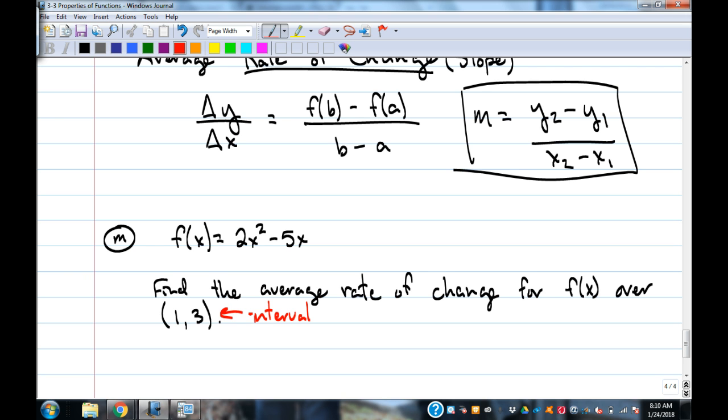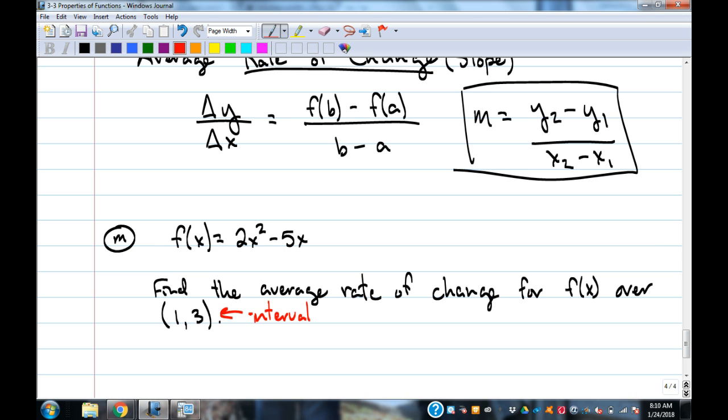Okay, you wouldn't find the average rate of change for the entire domain, unless the domain had two distinct stopping points on it. But they're going to give you an interval, just like finding local maximum or minimum. If they give you an interval, what values are these? X or Y? They're X values.